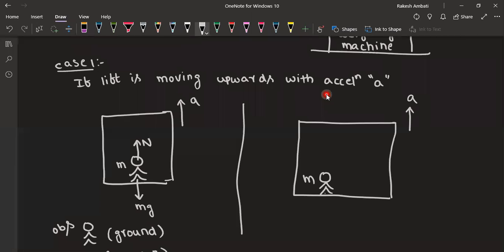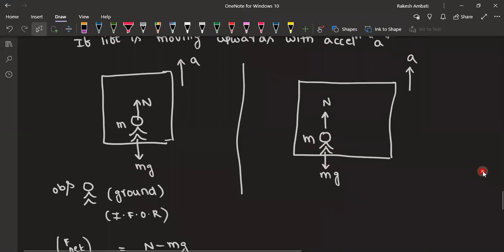Here mg is the weight of the man in the downward direction, and N is the normal force acting on the man. Are this normal force and mg real forces or imaginary pseudo forces? These are real forces. Now in this case, I'm taking the observer inside the lift.